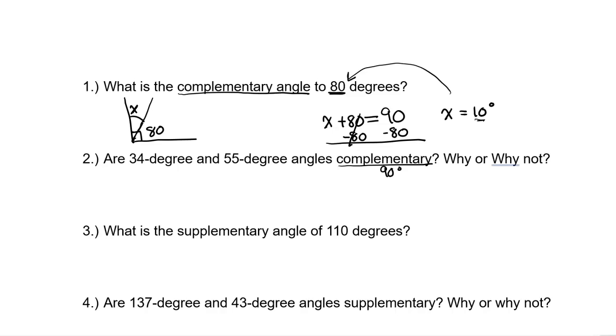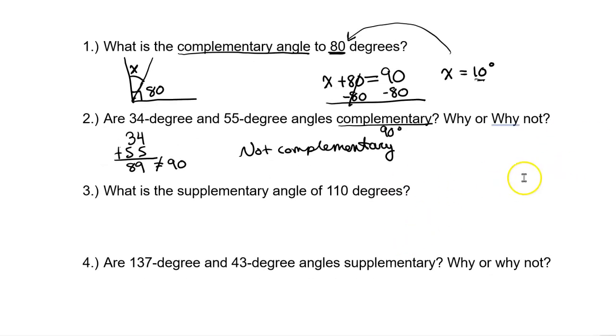So I'm going to check and see, well, 34 plus 55, what does that equal? That equals 89. Well, 89 does not equal 90. So they are not complementary, right? In order for them to be complementary, they have to add to 90 degrees, which they don't.